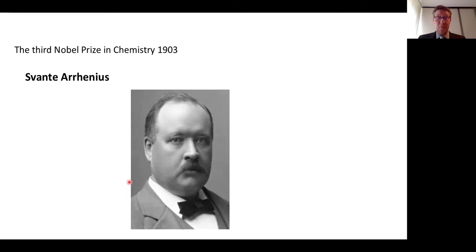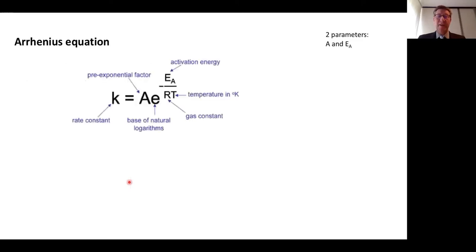Okay, welcome back. This is the Arrhenius equation, and it describes the rate as a function of temperature, the activation energy. Here, the activation energy is here, and it also contains the pre-exponential factor.